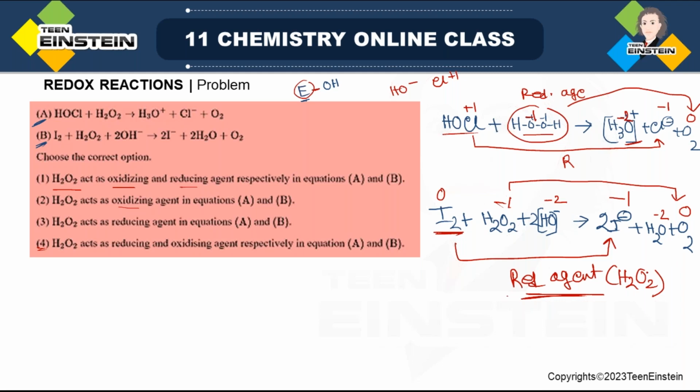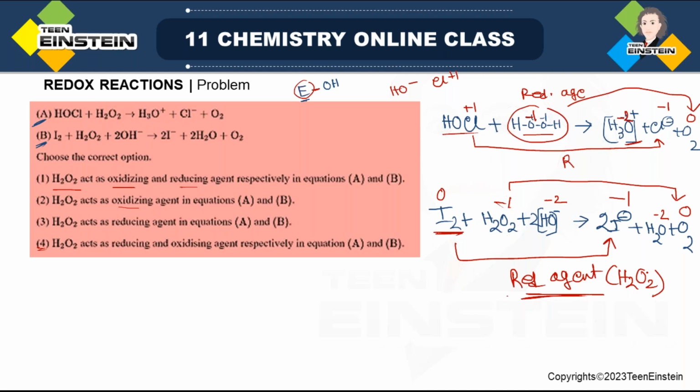Basically this problem you can also consider from another chapter, which is hydrogen, where there is a topic based on H2O2 because it is a compound of hydrogen. So this problem may also be considered under that topic, where we will learn H2O2 in detail, when it acts as oxidizing agent, when it acts as reducing agent, because H2O2 is such a compound which can act as reducing agent as well as oxidizing agent.